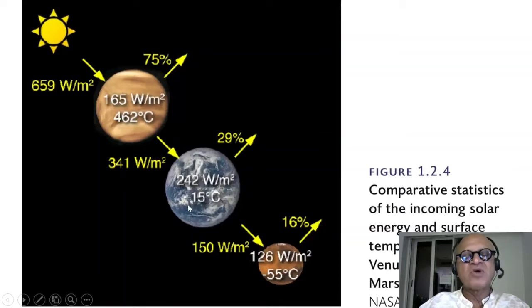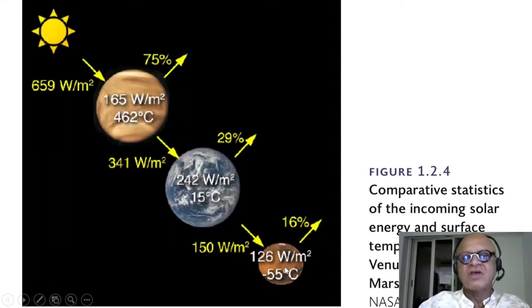There is no evidence, because in Earth's history we never got that warm, but the question is how warm can it get and whether we can survive the full extent of warming. Mars receives much lower amounts of energy, has a much lower albedo, and hence its temperature is also much lower.